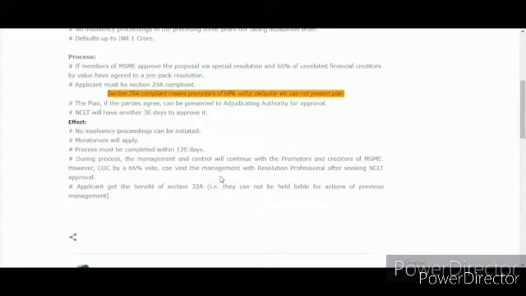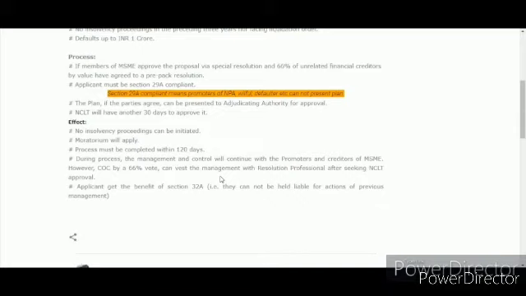Creditors, the financial or the operational creditors, cannot initiate fresh insolvency proceedings, and you have to read this with the moratorium. Moratorium means you cannot file any complaint or any case against the company. The company is at a halt, so no proceedings can be initiated against it.